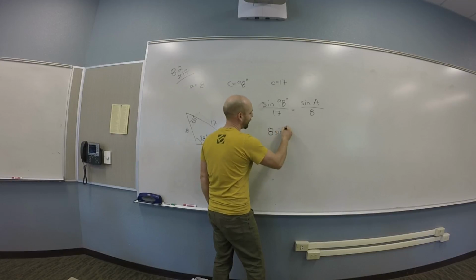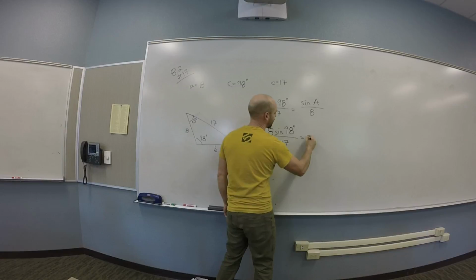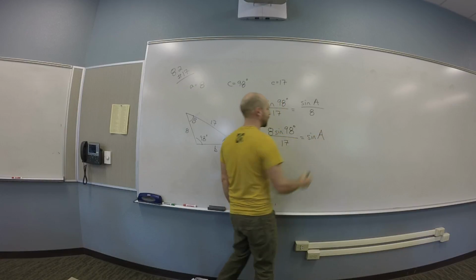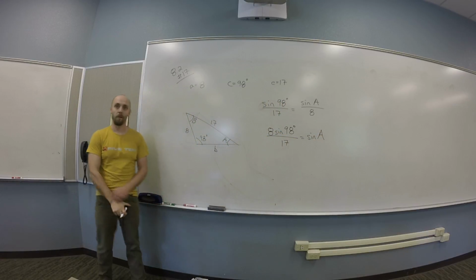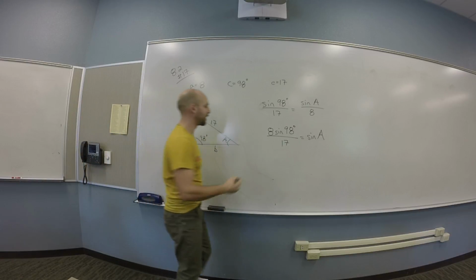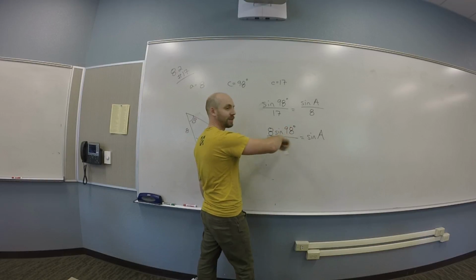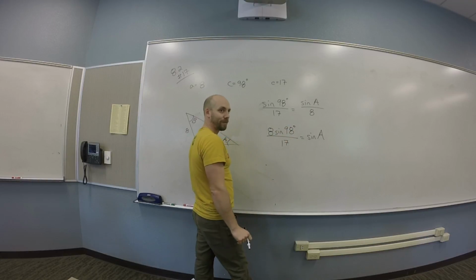So you get 8 sine of 98 degrees over 17 is sine of A. And then solve that and take the arc sine. Or you could evaluate this number, or take the arc sine of that.